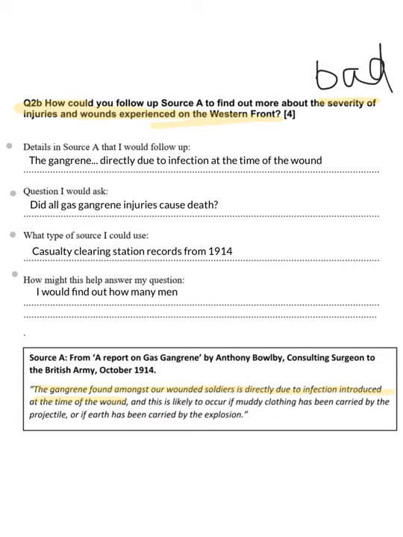I would find out how many men died of gas gangrene, and be able to see if this was something severe or if men recovered. That's the idea behind it, isn't it? That's what I'm trying to get at.